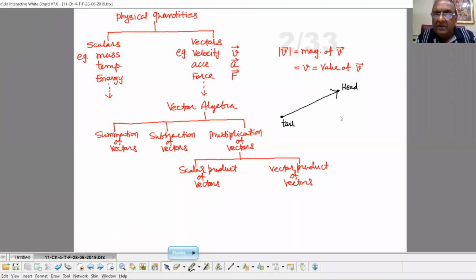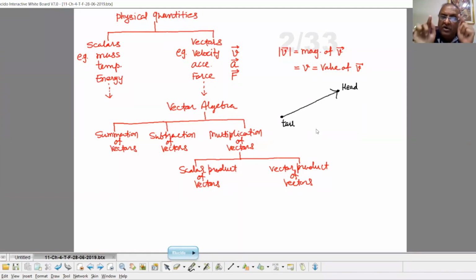Suppose any object is moving with velocity 100 kilometer per hour in positive X direction.